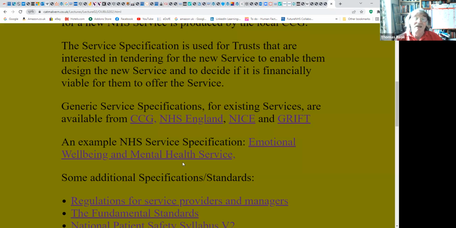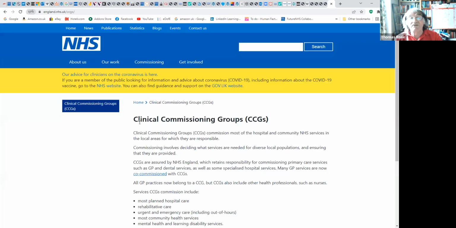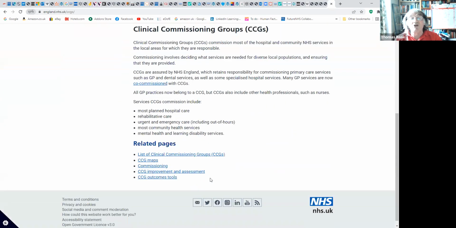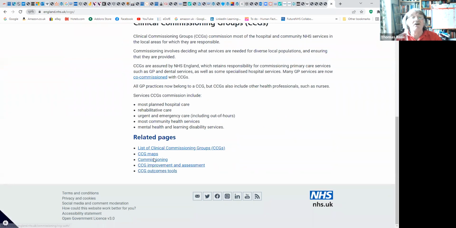Anyway, these service specifications, I'm sure most of you will have seen them before, but the CCG have got specifications for new services that come along and lots of other services.